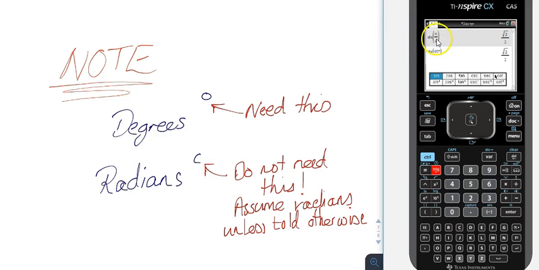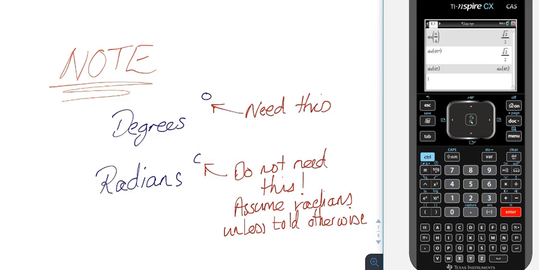My first question, I just wrote what my angle was, pi on 4. The calculator is assuming radians because my calculator is in radians. For the second question, I wanted that to be a degree. So I went down to my pi button, and in there you'll see that one of the first options is actually a degree symbol. So I've written sine 45 degrees, so my calculator knows that I'm actually using degrees.